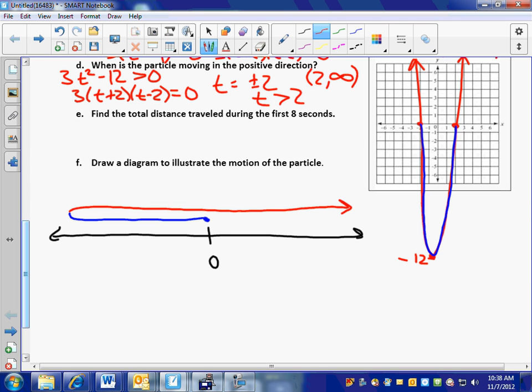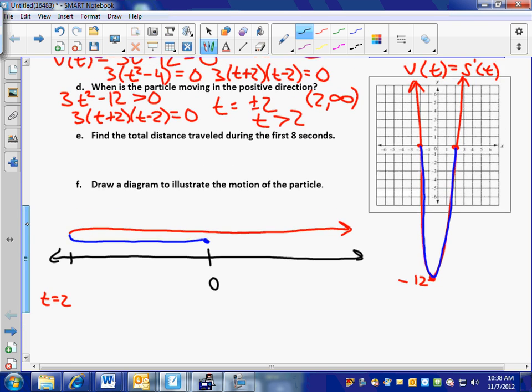So you tell me, at what time does this happen? At time 2. Where is it on the number line at time 2? How will I figure that out? I want to know where it is at time 2. Will I use my position function or will I use my velocity function?